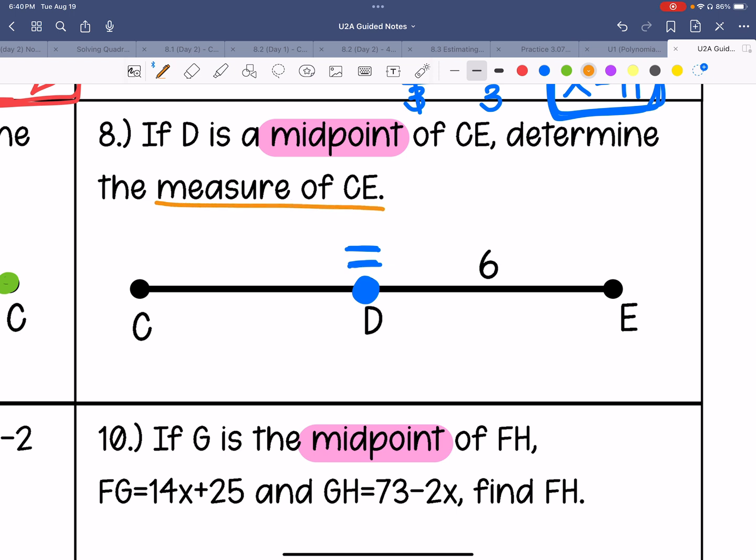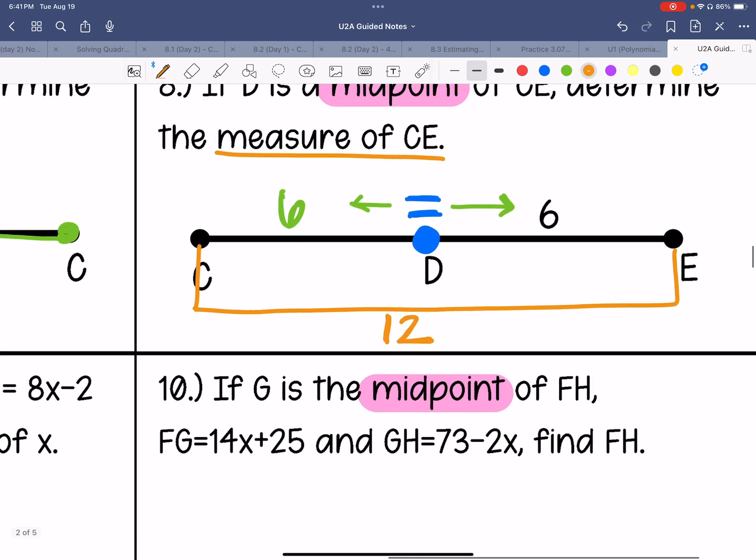So I want to know what is the measure from C all the way to E. Well, the information I'm given is that this side of my midpoint equals 6, which means, remember, that this side of my midpoint also has to equal 6. So if we take each segment of 6's and add them together, we get a total of 12 for the entire segment length. So CE would be 12 units long.